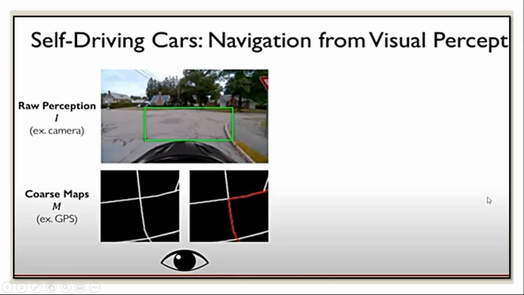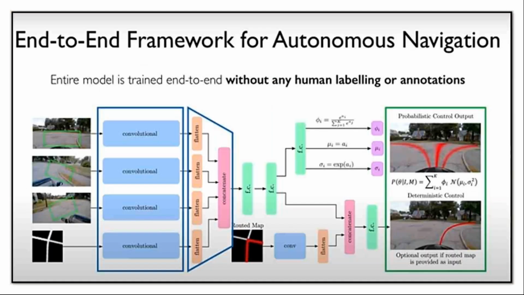Now see the automatic self-driving car. It makes a decision end to end. In this car, it just wants to turn. See the route map. The camera in the car is aligned with the GPS, and that is the routed map.